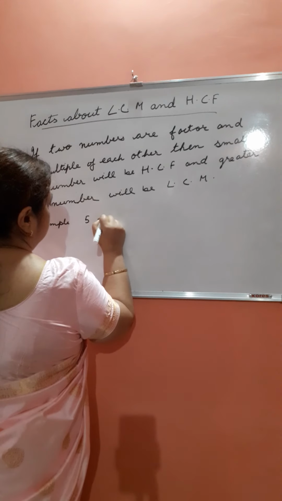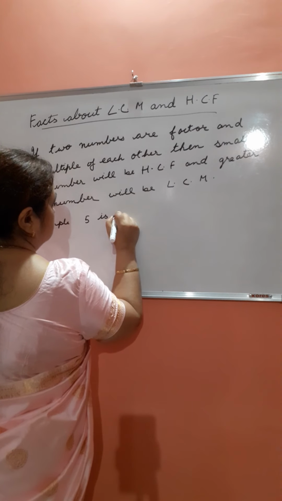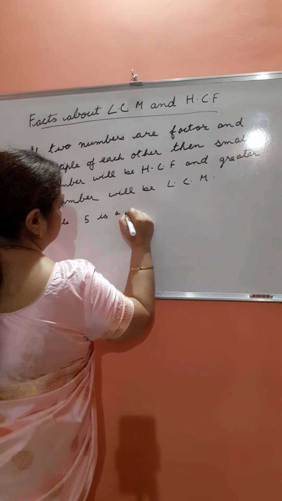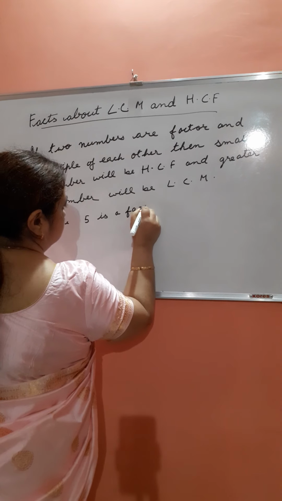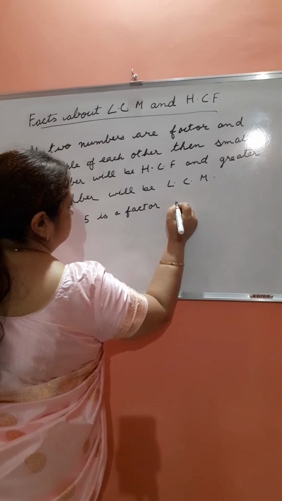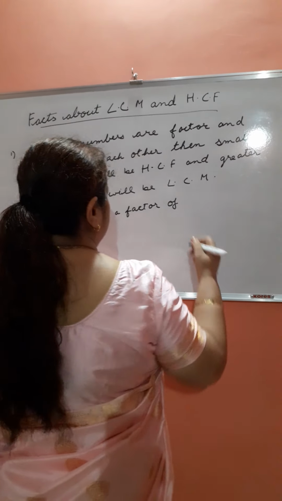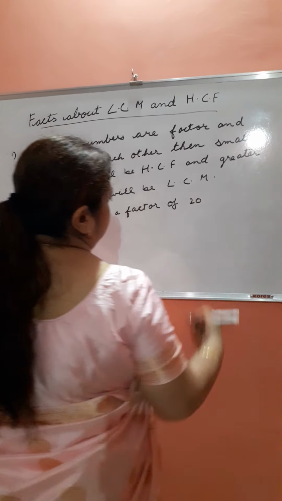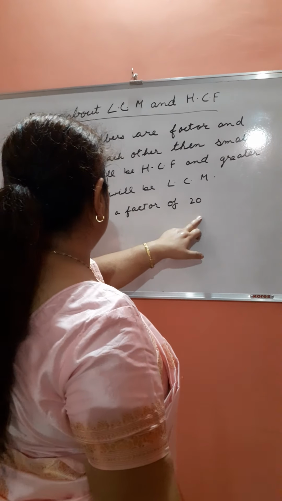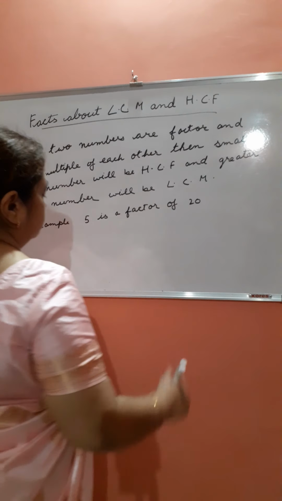Five is a factor of 20 and 20 is a multiple of 5.